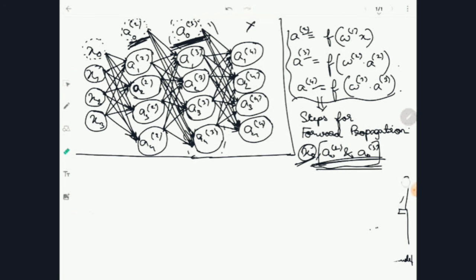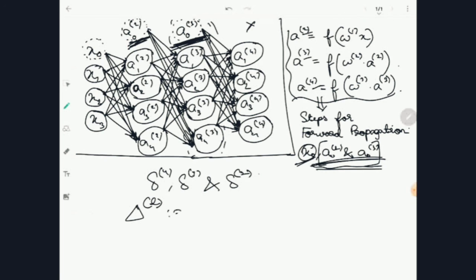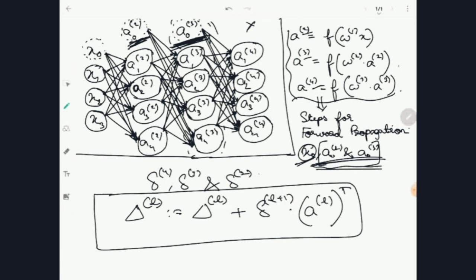That is, after you have del 4, del 3 and del 2, the final expression, this is the gradient accumulator, which is initialized to 0 but is loaded for each and every instance, and it is equal to plus del l plus 1 matrix multiplication with al transpose. This is the most important expression for backpropagation in a multilayer perceptron.